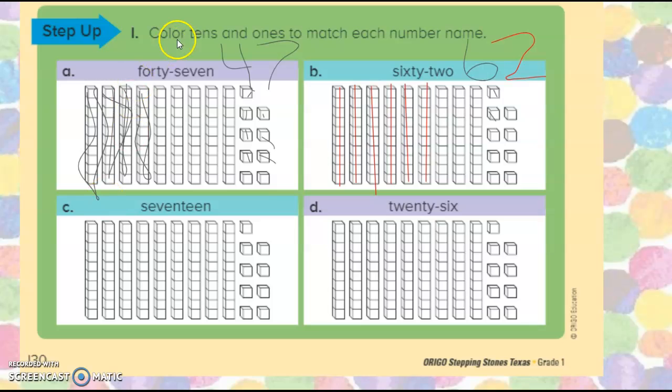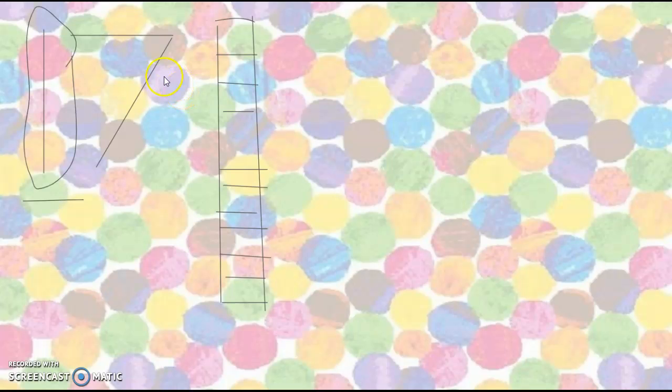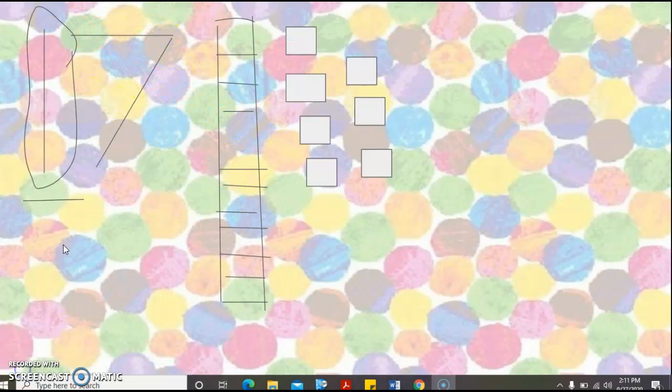Because on letter A, we had 7. In the ones position, we drew 7 cubes. We had a 2 on letter B. In the ones position, we colored in 2. So on your paper, I want you to draw how many units we have to represent that 7. If you drew 7 units, you're correct.